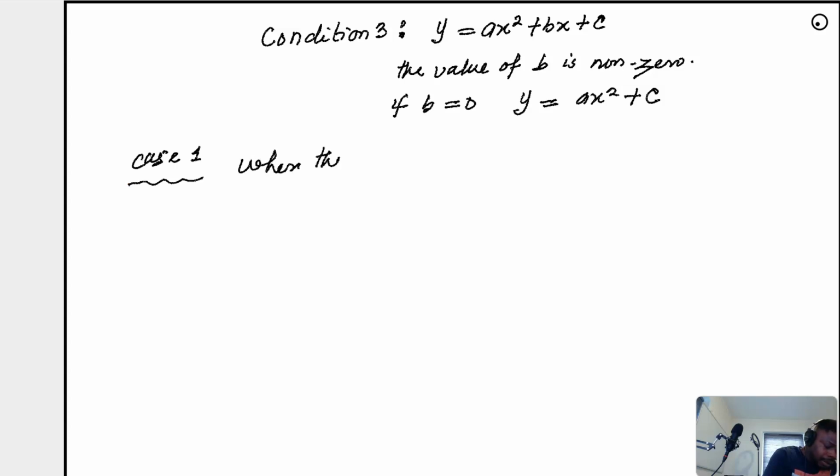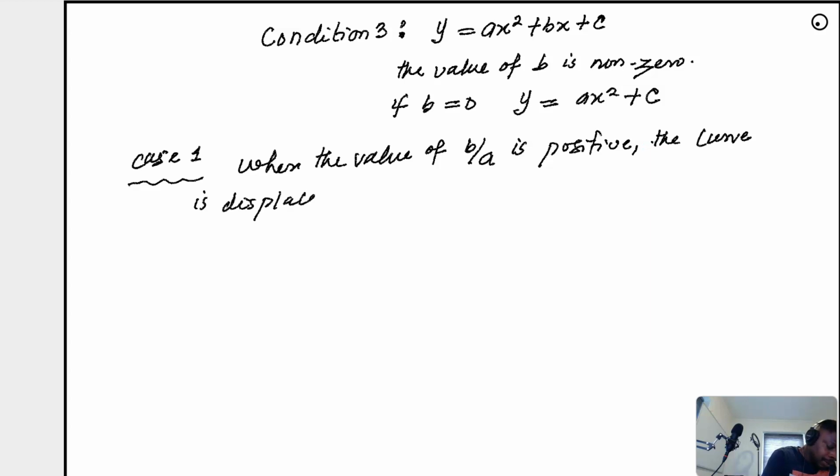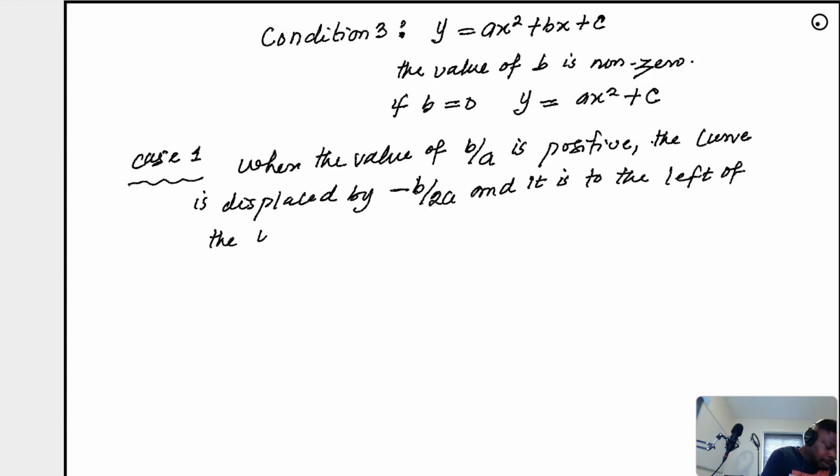When the value of b over a is positive, the curve is displaced by minus b over 2a, and it is to the left of the y-axis. I'm going to explain this.